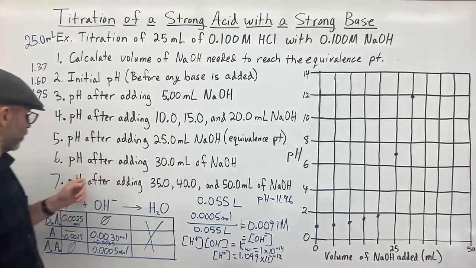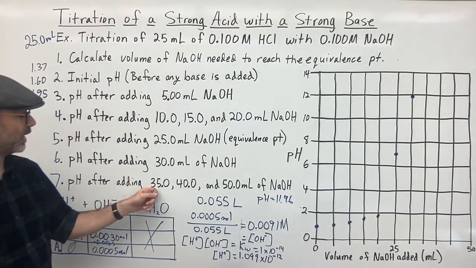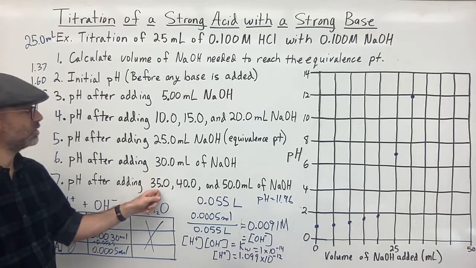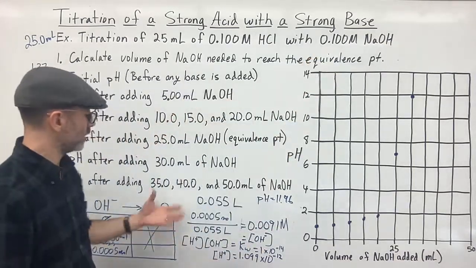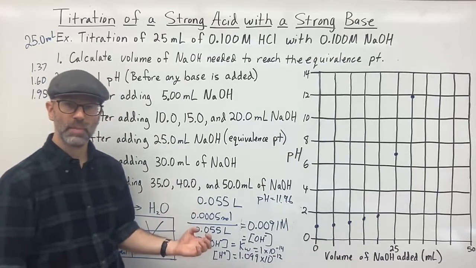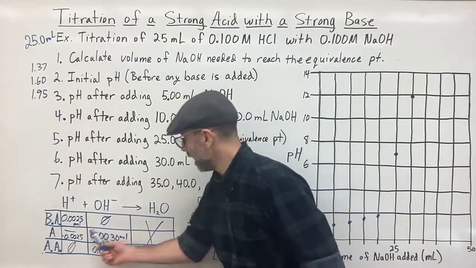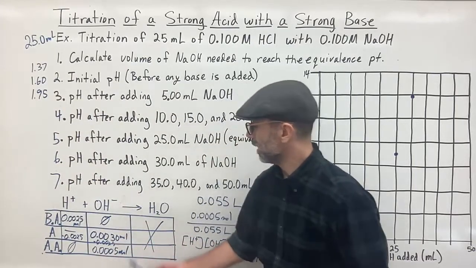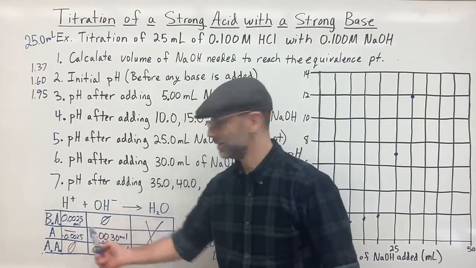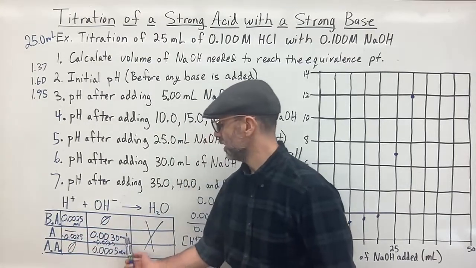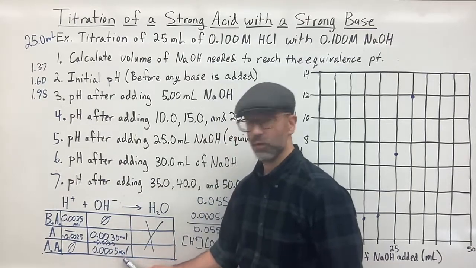So for example, when you're doing the pH at 35 milliliters, you use the 35 milliliters and the molarity of the NaOH, and you calculate the number of moles of OH minus that you added. Then again, you would add that to your table and subtract it, since your H plus is going to be less than the OH minus you added, so you're going to have a certain amount of OH minus left over.